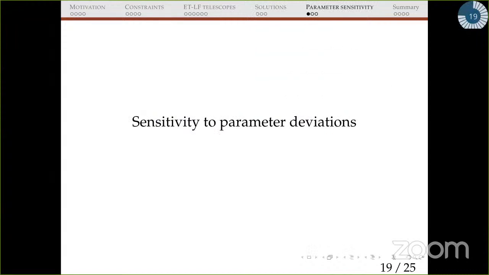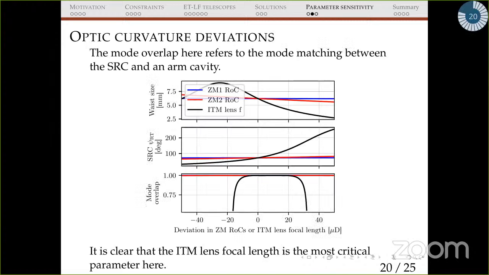So the final aspect of the solutions that I want to discuss is just the sensitivity to any distortions in the optic curvatures. This set of plots effectively shows the mode mismatch from the arm cavity to the signal recycling cavity based on deviations in the radii of curvature of the telescope mirrors and the focal length of the ITM lens.